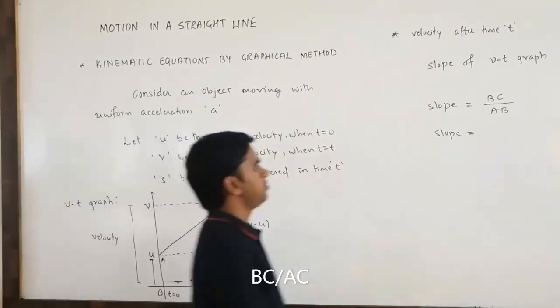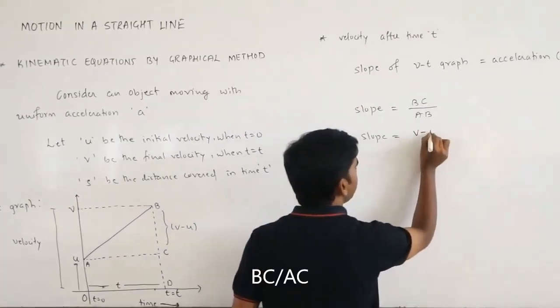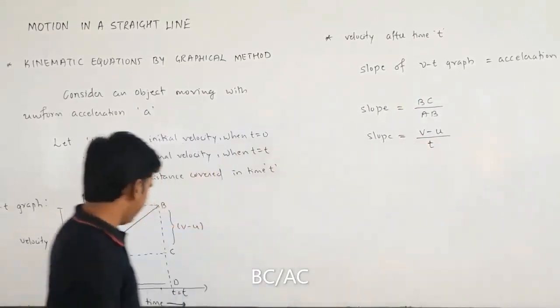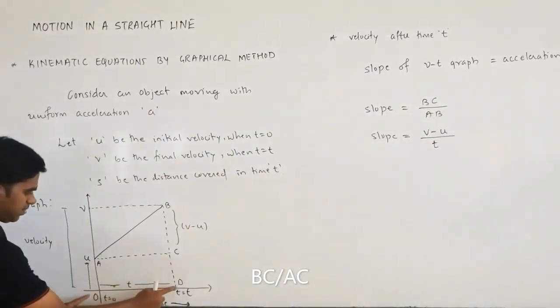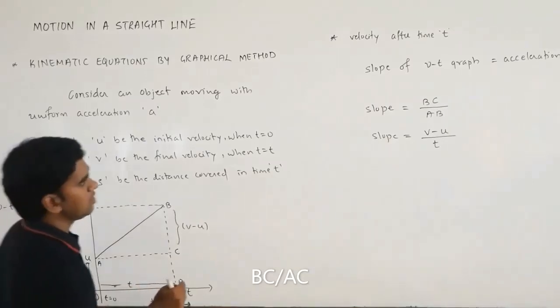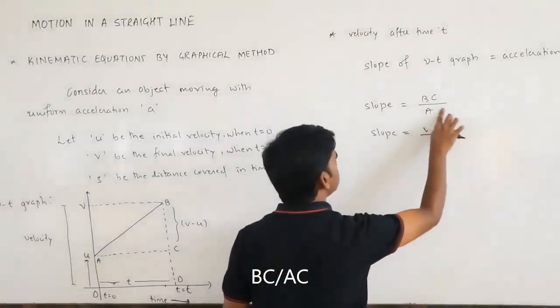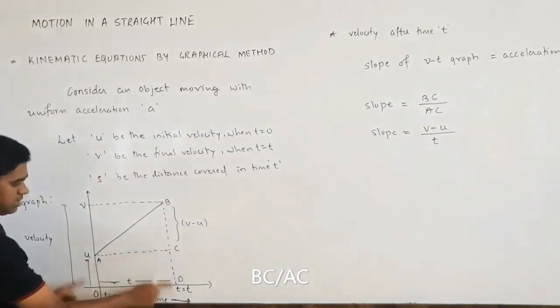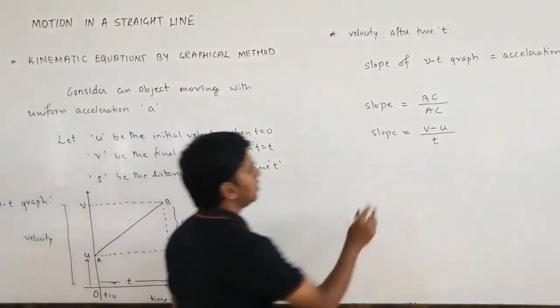So I can write BC as V minus U divided by AC as T. Not AB, AC. AC is T. Now, what is slope?